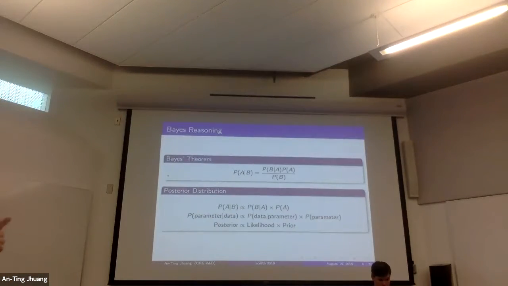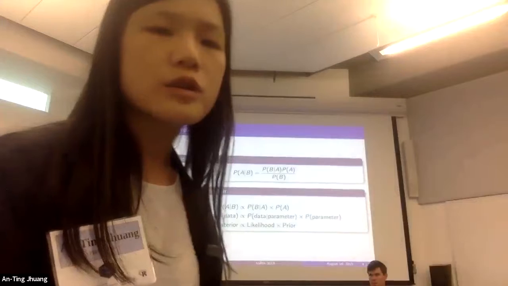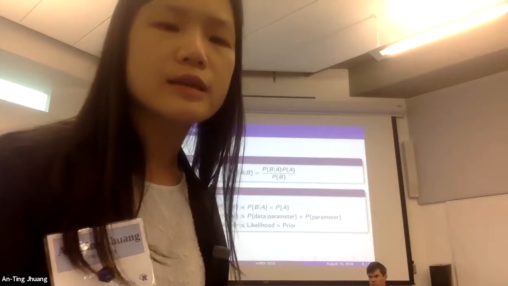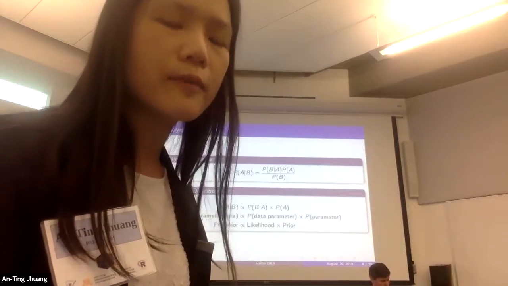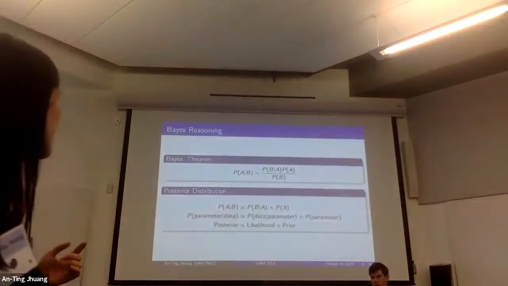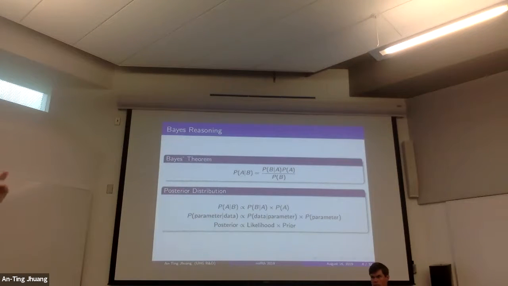I think the biggest difference between frequentist and Bayesian statistics is that we use the posterior distribution to get our conclusion and make inference on our estimators. Developed from Bayes' theorem, you can replace A and B with parameter and data.